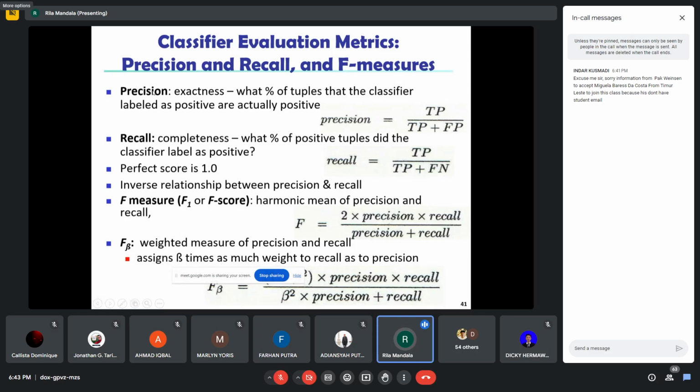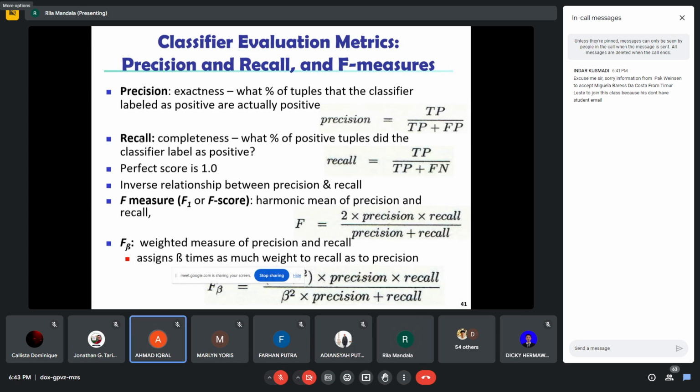For example, if precision is 60% and recall 40%, compared with precision 40% and recall 60%, which one is better? We never can decide. We don't know.